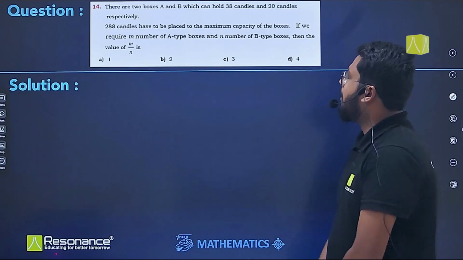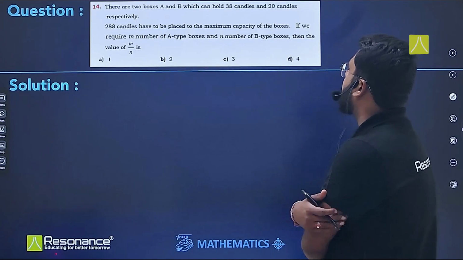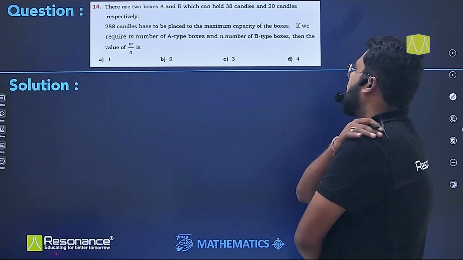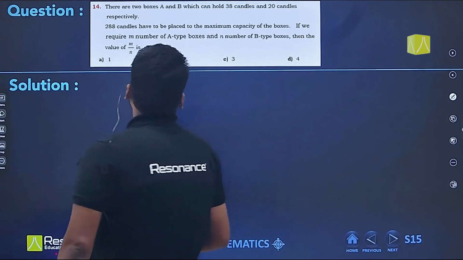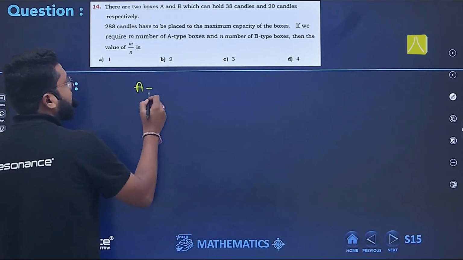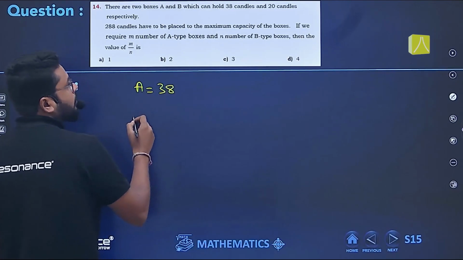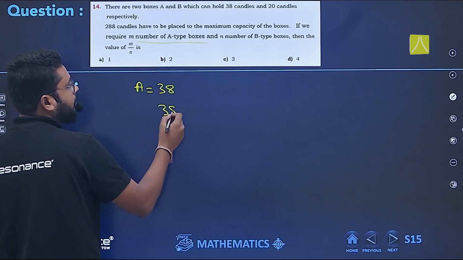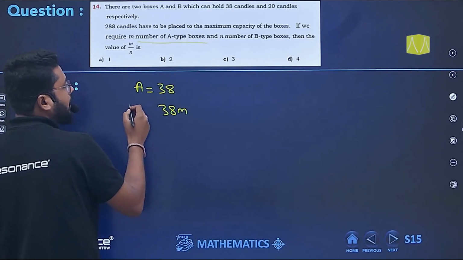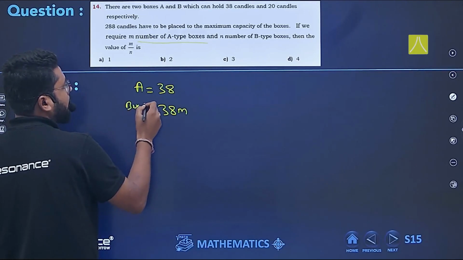If we require m number of A type boxes and n number of B type boxes, then we have to find the value of m by n. So A can carry 38 candles. If we are taking m boxes of type A, it will handle 38m candles.